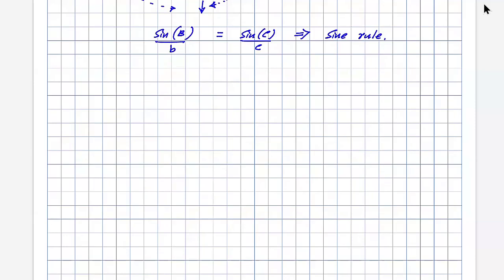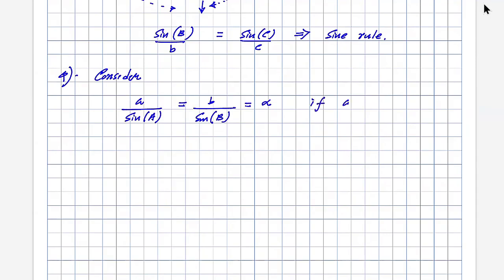We'll discuss another question. Consider a divided by sine A is equal to b divided by sine B is equal to alpha, right?